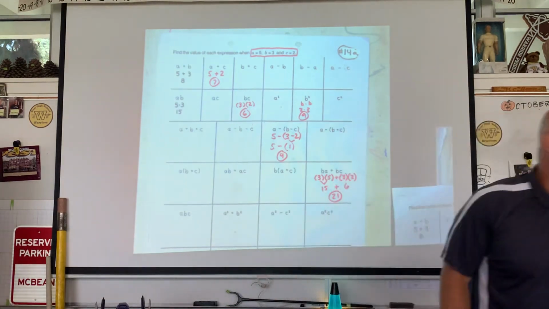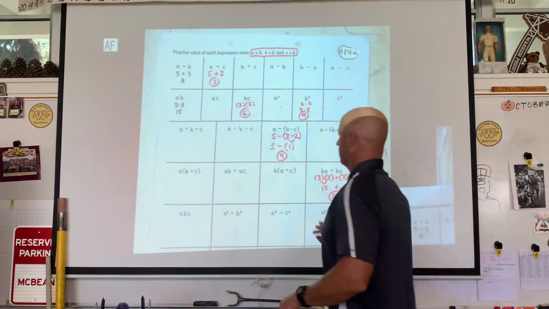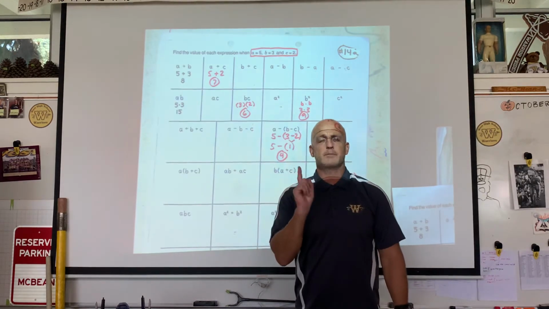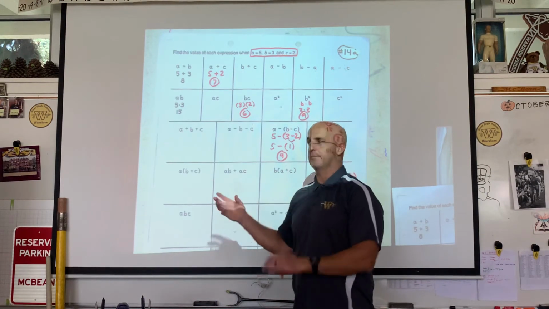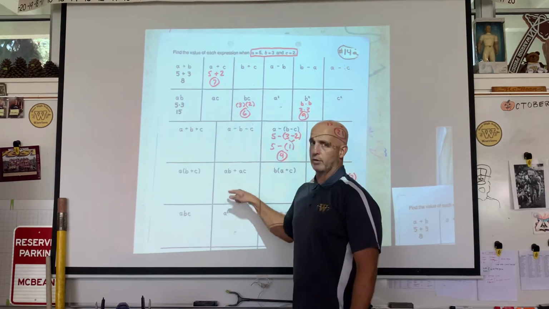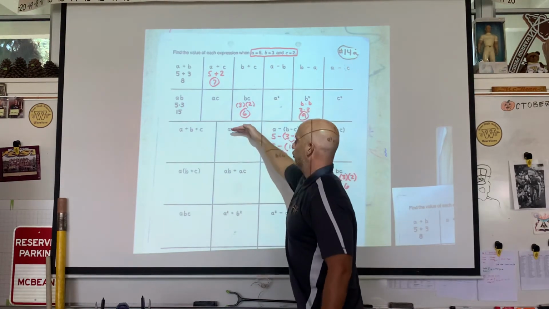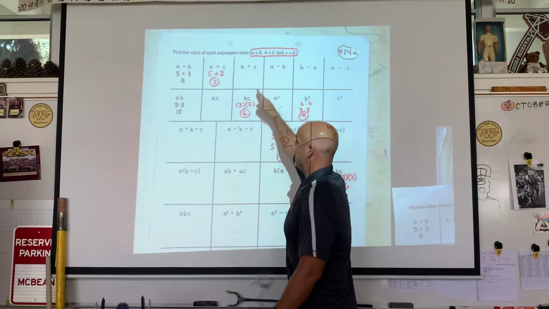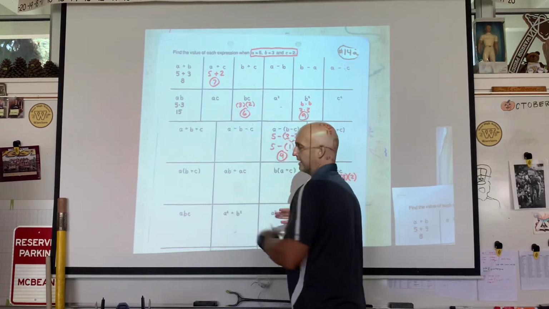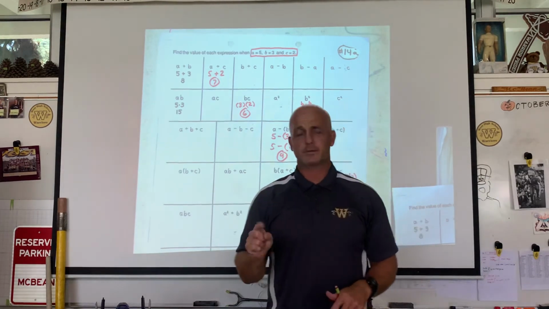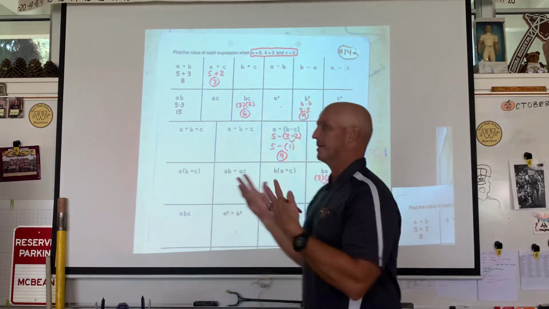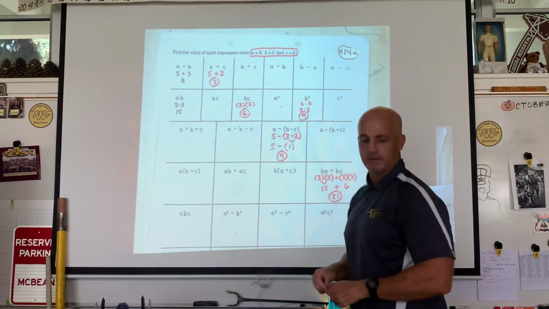Remember, your points are based on effort. If I just see a bunch of answers here circled with no work, I'm not going to give you any points. If I see you trying to plug these in and substitute and try to get answers, we will go over this when I see you guys on Friday, but this is your work for the day, okay?